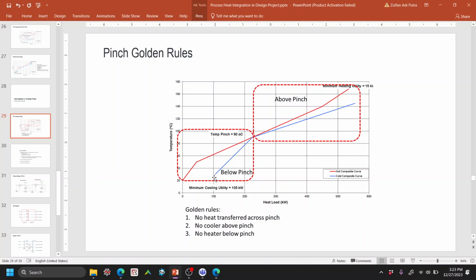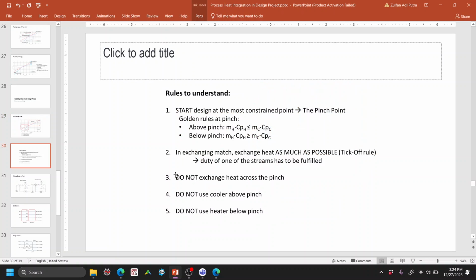So that means all of these blue lines, the cold streams, need to be used as much as possible to cool down the hot streams. If we use a heater here to heat them, that means some portions of these hot streams will not be cooled down by the cold streams. Instead, they will go to the cooling tower. So we will then have a bigger cooling tower in that aspect.